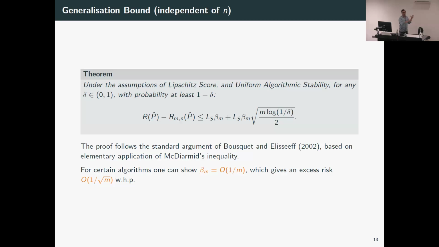But notice that this is not going through studying the complexity of the class in which we're doing empirical risk minimization, or using a prior as in PAC-Bayes. It's really using the stability of the algorithm, the fact that the algorithm may nominally have access to a very large space, but it's only exploring a relatively limited part of the space.